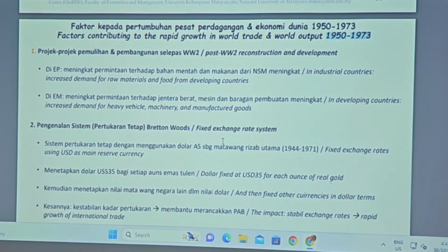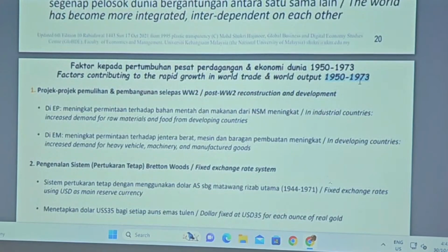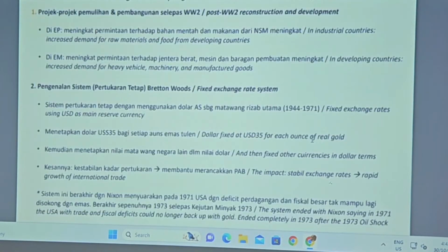Why is stability important? If it's not stable, I wait to export. If I export today, maybe what I receive is less when exchanged to my own currency. You follow me? So the stability was important. Until when? 73 only. The fixed exchange rate system finished in 1973.